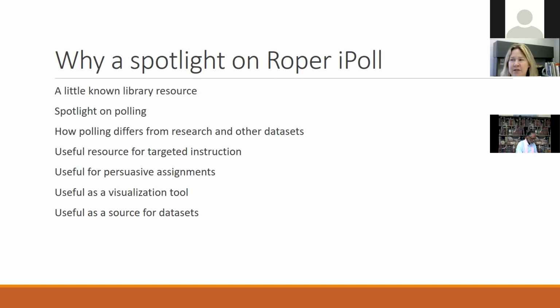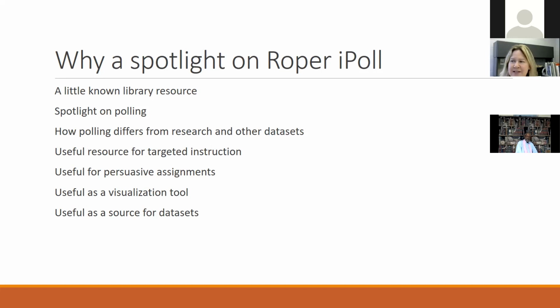It's different than, say, other repositories of data, such as the ICPSR, which is a repository of research data, which does include polls, and sometimes includes the same organizations that deposit in Roper, but Roper iPoll is really strictly polling data. It's not based on long research studies.